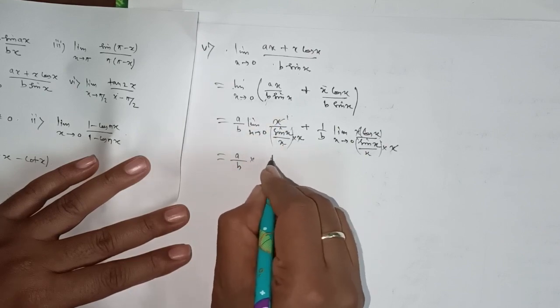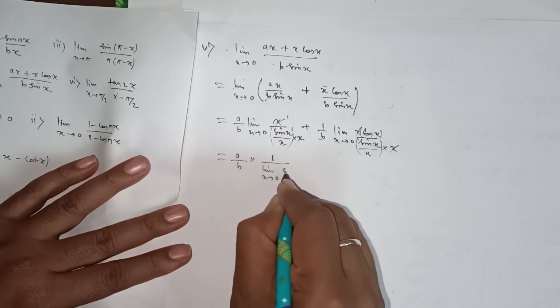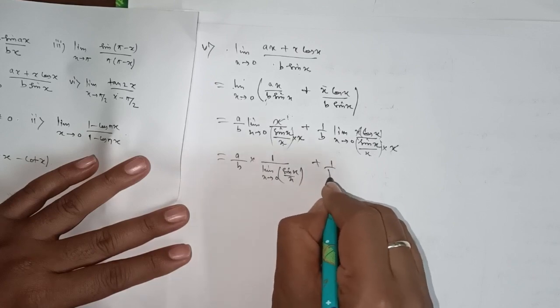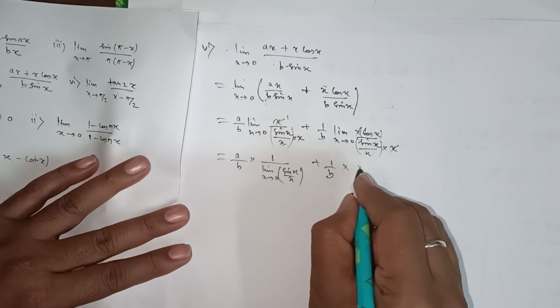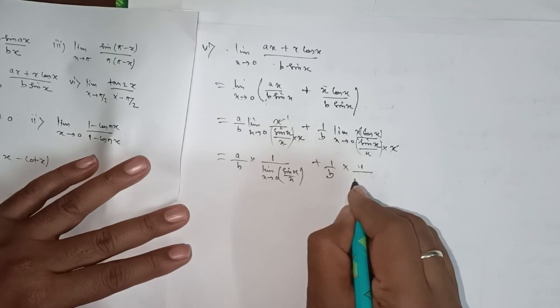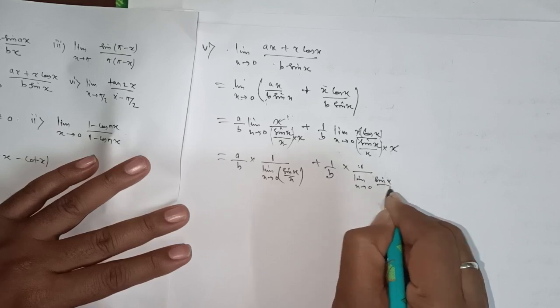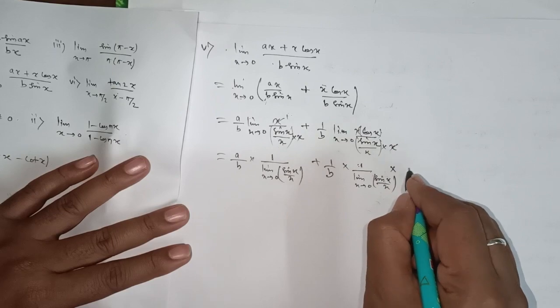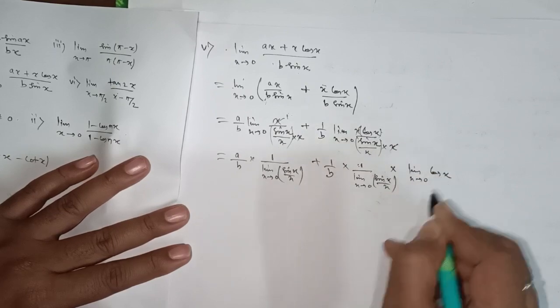As it is 1, it will give us 1 only. So we'll take 1 by limit x tends to 0 sin x by x, plus 1 by b into 1 by limit x tends to 0 sin x by x, and the limit will be applied here also, limit x tends to 0 cos x.